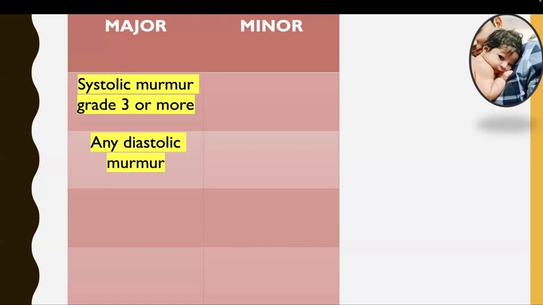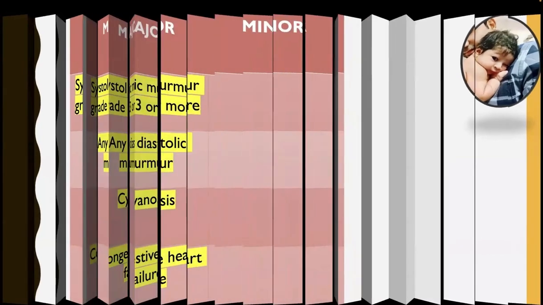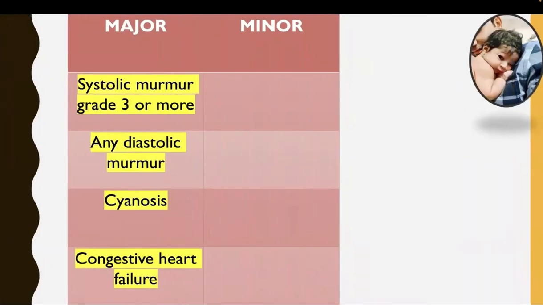You will do the echo of the baby, or at least you put the stethoscope on the baby's chest and see whether the baby has a murmur. There are two types of murmur: systolic murmur and diastolic murmur. So systolic murmur grade 3 or more, or any diastolic murmur. Number one. Number two, any cyanosis or the features of congestive heart failure.